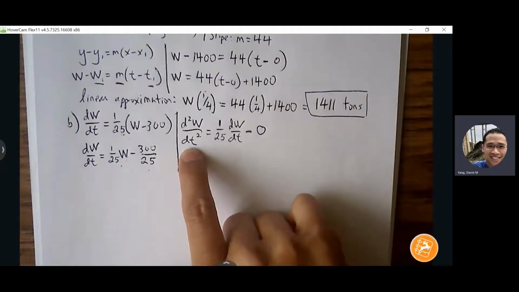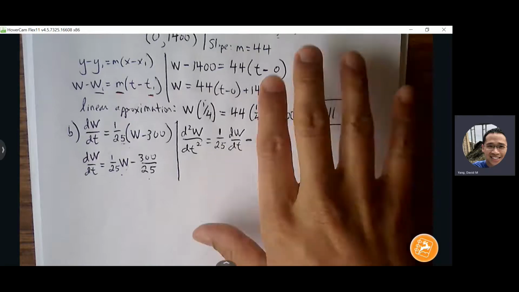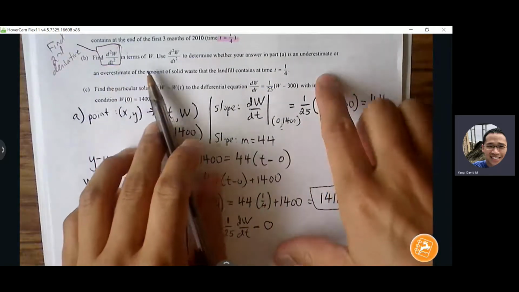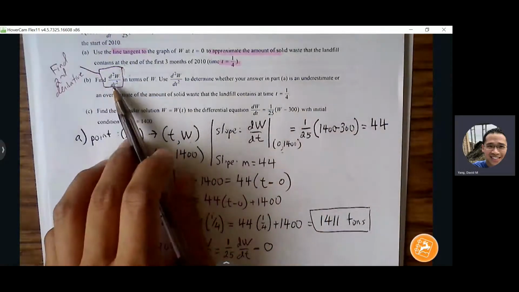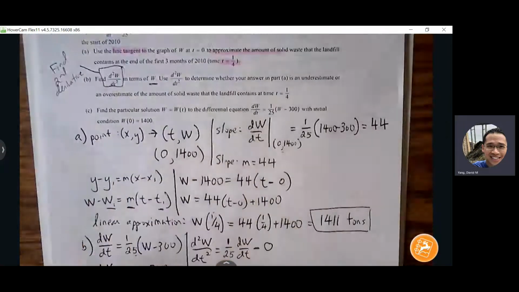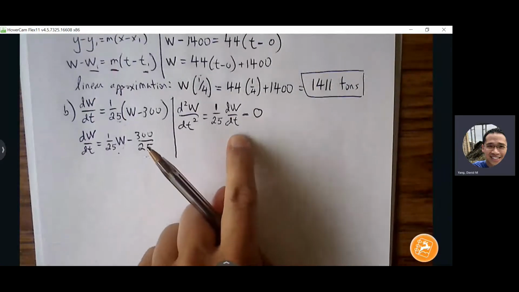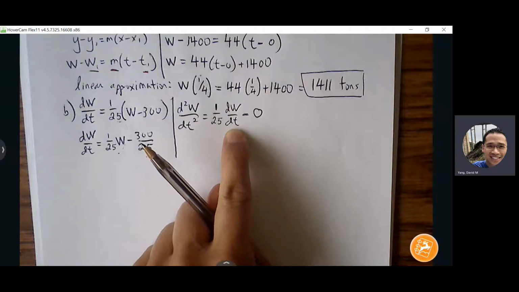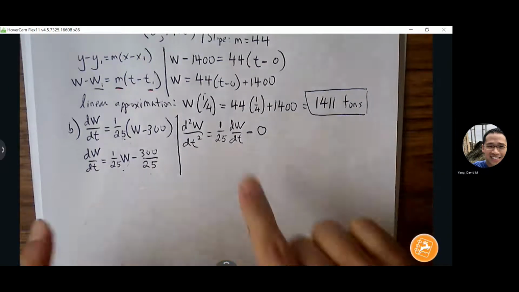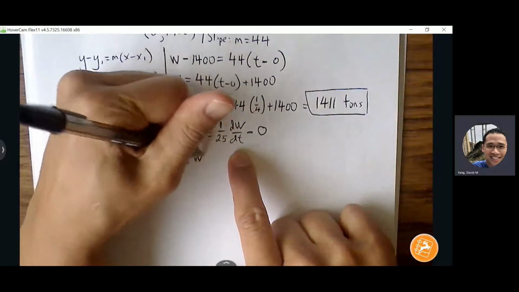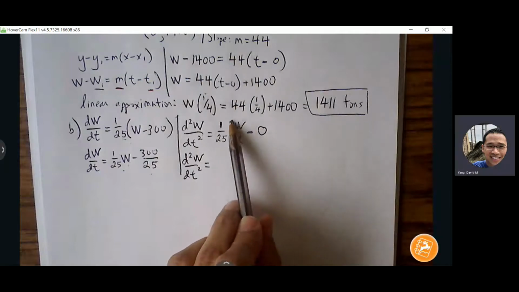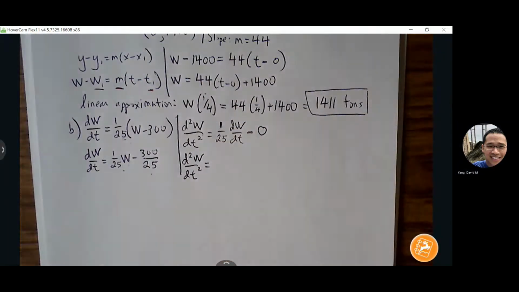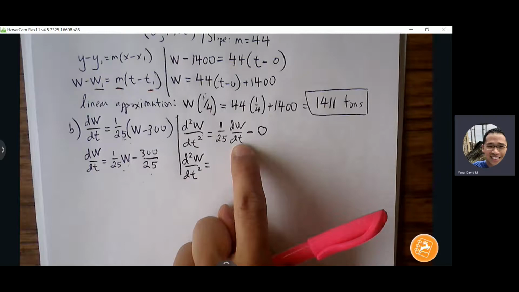Okay, so that's our second derivative. Our second derivative is just 1/25 dw/dt. And let's see, is that good enough from the directions here? It says find the second derivative in terms of w. So we want the second derivative in terms of w, so we want to make another substitution. What can I replace dw/dt with? Okay, what's dw/dt equal to? Can I get this dw/dt in terms of w?